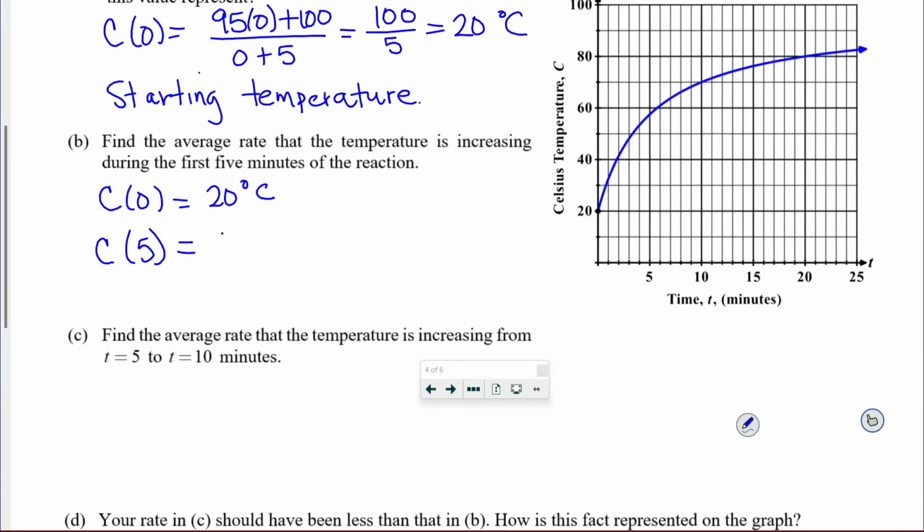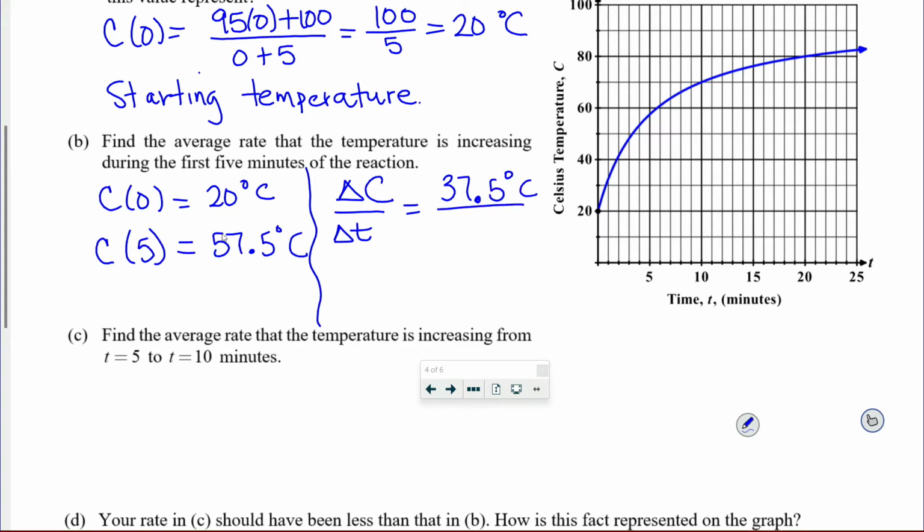So this is 57.5 degrees Celsius. So now the change in my temperature divided by change in time is going to be 37.5 degrees Celsius, right? That's how much my temperature has increased, divided by 5 minutes.